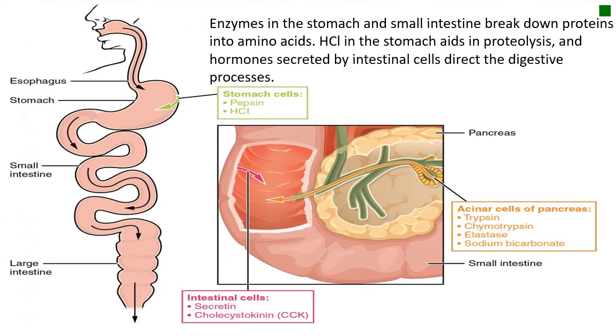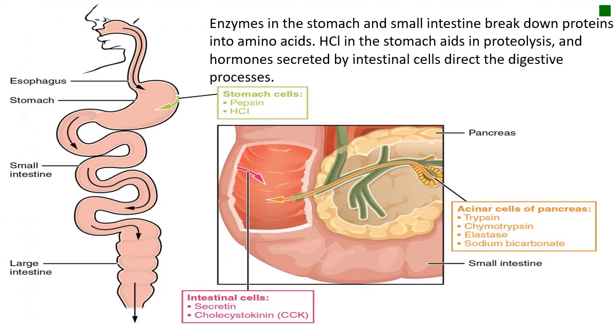In order to avoid breaking down the proteins that make up the pancreas and small intestine, pancreatic enzymes are released as inactive proenzymes, so that they are only activated in the small intestine. The pancreatic vesicles store trypsin and chymotrypsin as trypsinogen and chymotrypsinogen. Once released into the small intestine, an enzyme found in the wall of the small intestine called enterokinase binds to trypsinogen and converts it into its active form.